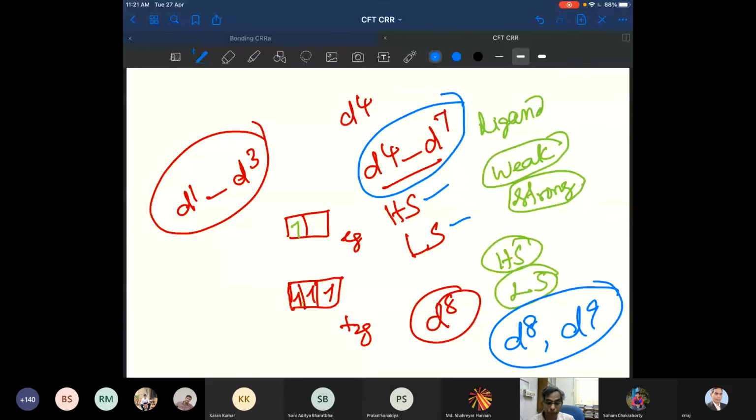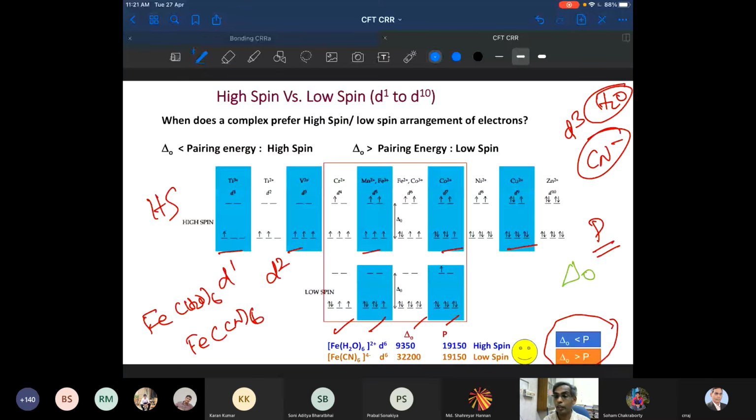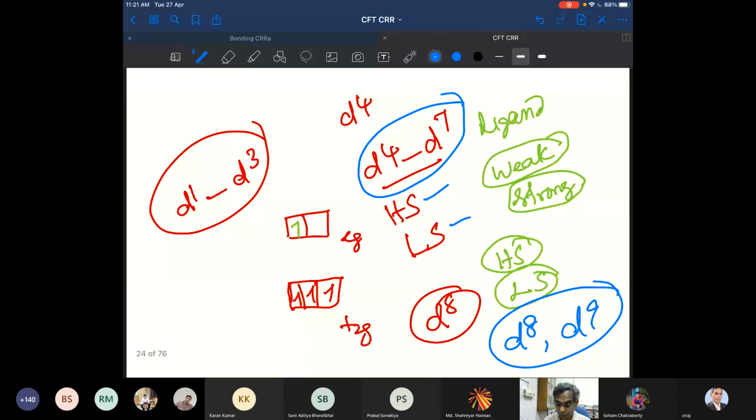Okay, again, I'm going back. Once again there is a delay. You can follow here, that is your d4 to d7, right? d4, d5, d6, and d7 have two sets of spin, high spin and low spin.